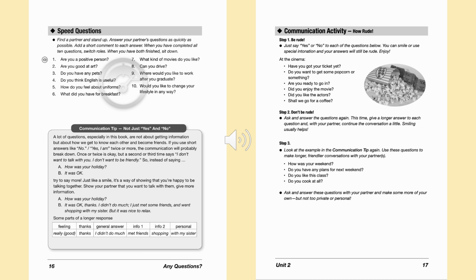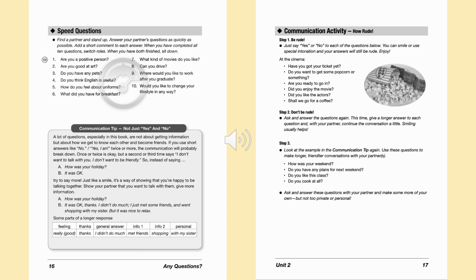The lateral thinking puzzles are followed by a pairwork speed question activity. Why speed questions? We all know that students struggle to answer questions quickly, so this activity uses gentle pressure to encourage learners to minimize thinking time and answer questions quickly.